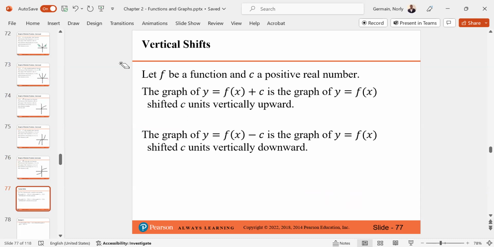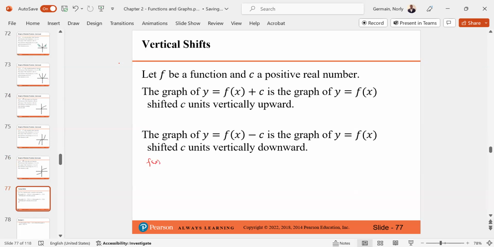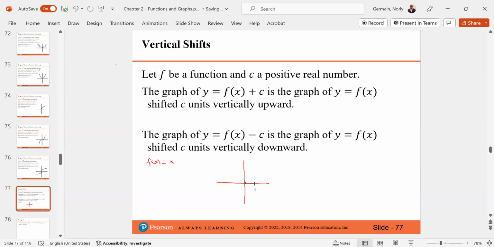For example, remember we graphed f of x equals x. Remember in this one, we said if x is 0, y would be 0. If x is 1, y would be 1.